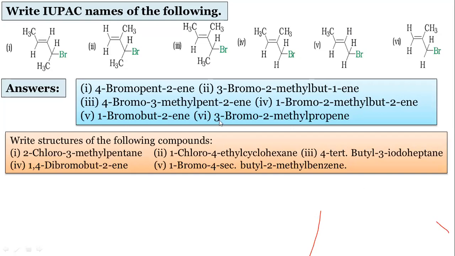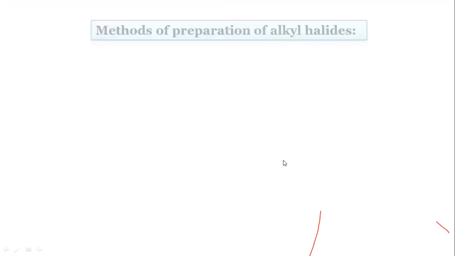If you have any doubt, call me. I will solve your doubts. Also, one question is given here. Write the structures of the following compounds: 2-chloro-3-methylpentane. This is based on the IUPAC nomenclature system.